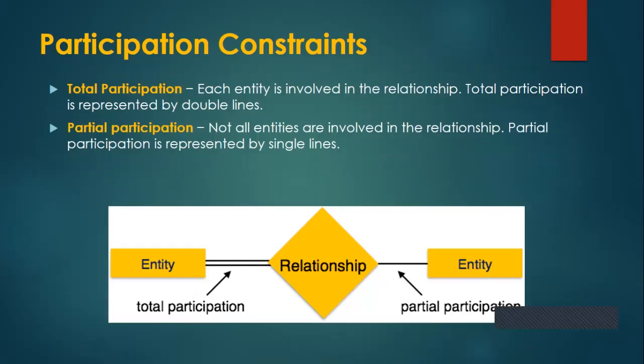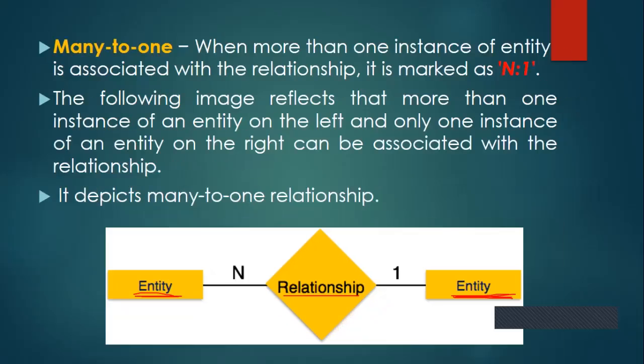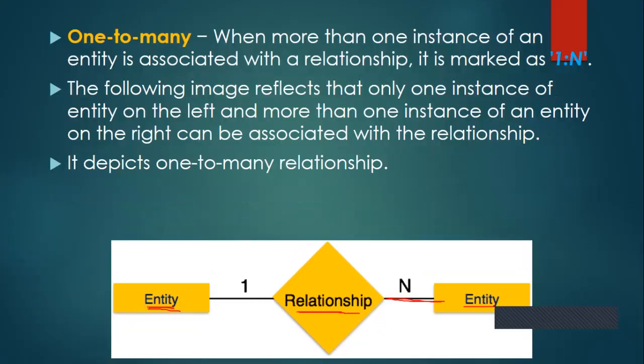Now next is participation constraint. When do we say a particular entity is totally participating in a relation or partially participating in a relation? When a particular entity is totally involved in the relation. Let me take this example.